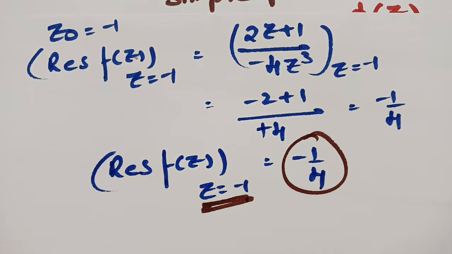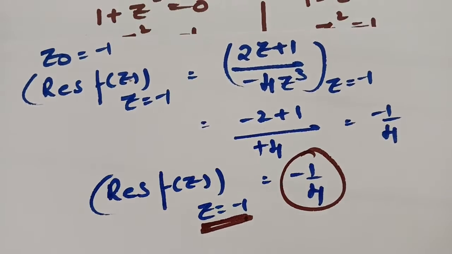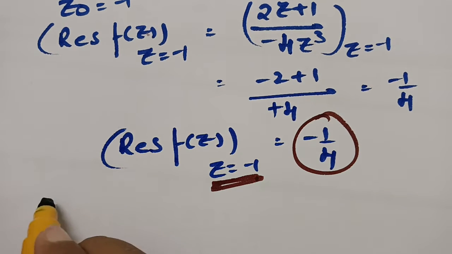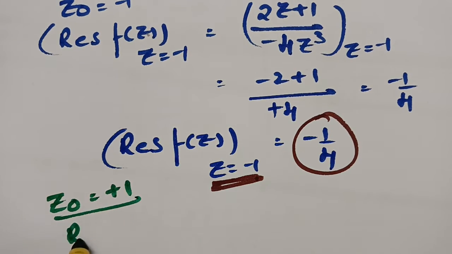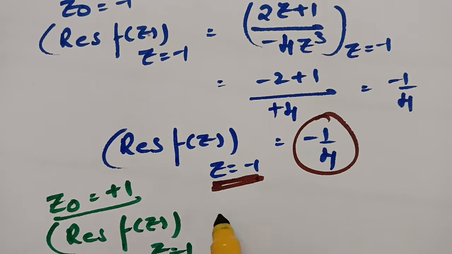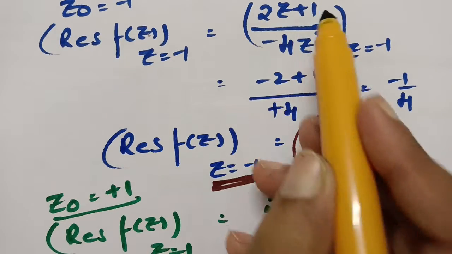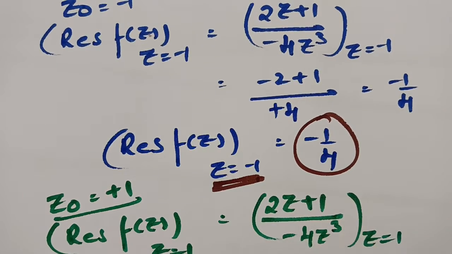And the next one I am taking is z0 = +1. Now for this, the residue of f(z) at z = 1 is: for the numerator I am leaving it as it is, 2z + 1, and for the denominator I am taking the derivative, -4z^3, and again keeping z = 1.